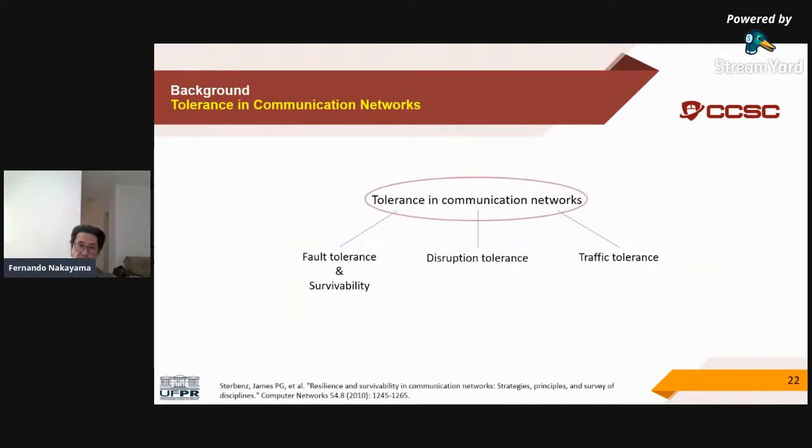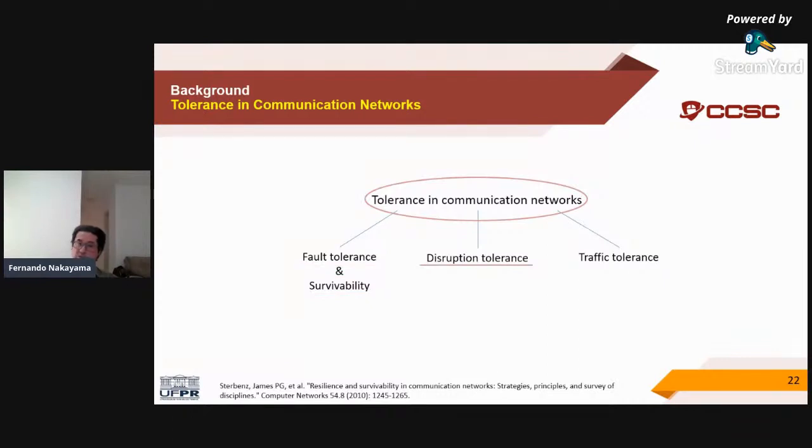Considering the tolerance in communication networks, we follow the classification proposed by Sterbenz. So fault tolerance is the ability of a system to continue operation at a predefined level of performance, even though its components are malfunctioning, while survivability is the capability of a system to fulfill its mission in time, even in the presence of threats such as attacks or natural disasters.